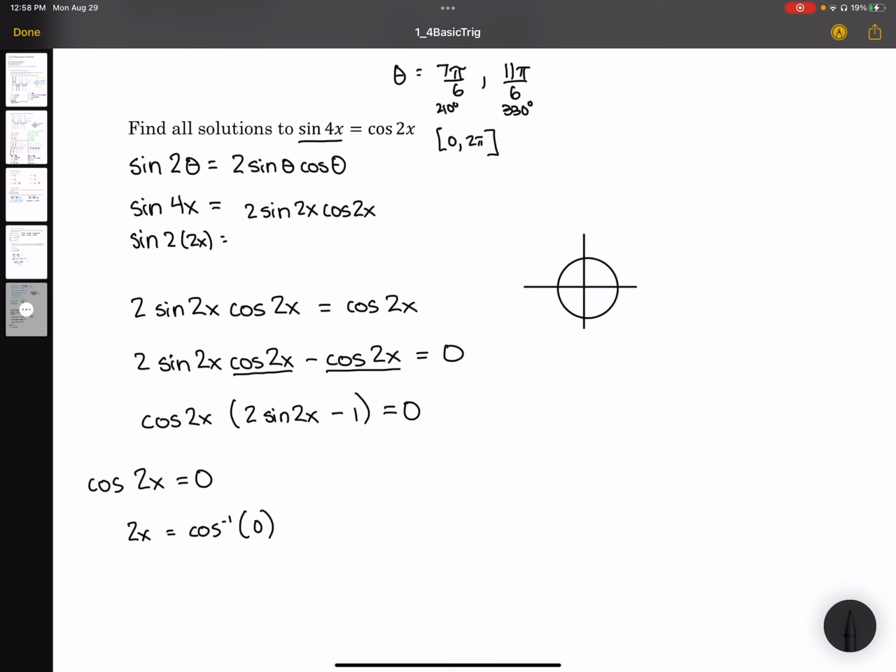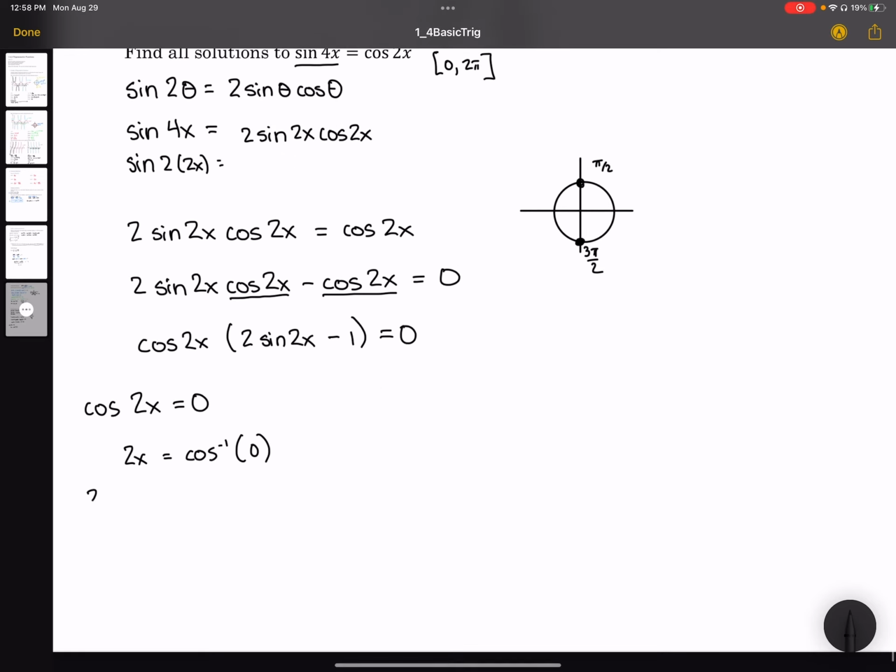So if cosine is 0, that means that we're on the y-axis. That happens at pi over 2, and it happens again at 3 pi over 2. So that means that either 2x equals 3 pi over 2, or 2x equals pi over 2. So we either end up with x equals 3 pi over 4, or x equals pi over 4.